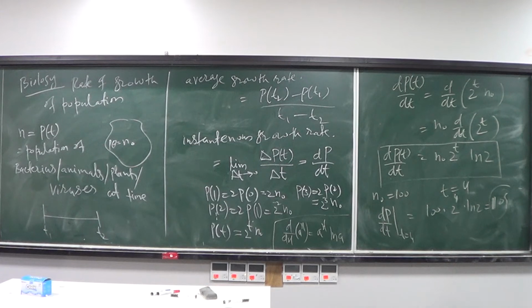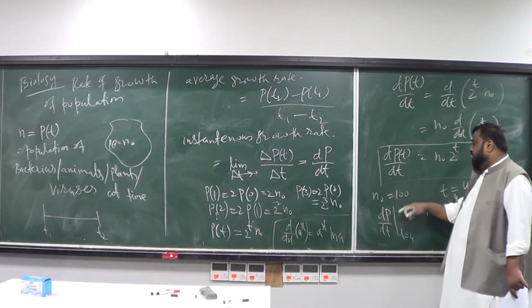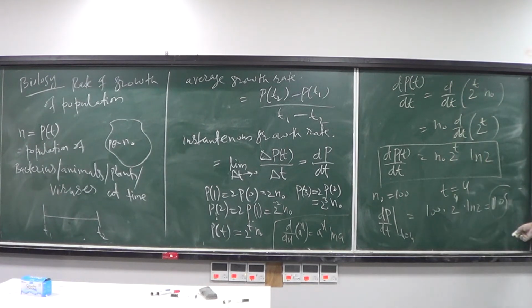The interpretation is that the rate at which the population of bacteria is increasing is this. In other words, on average, the population of bacteria is growing at 1,109 bacteria per hour. So this is the number of bacteria per hour.